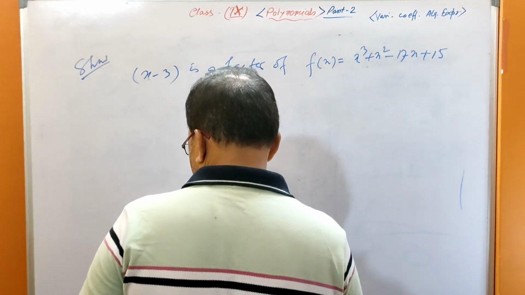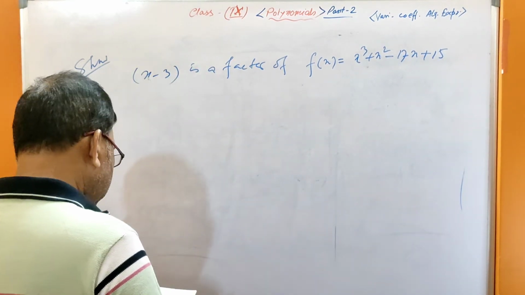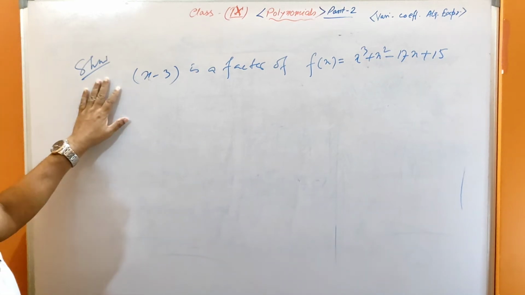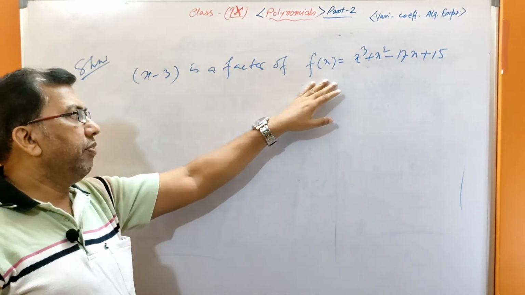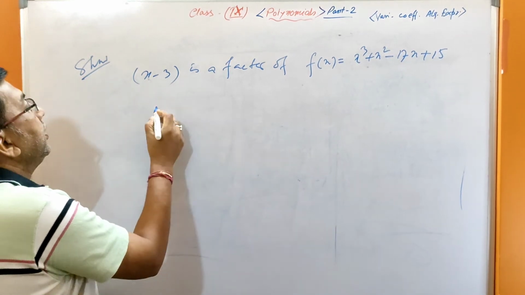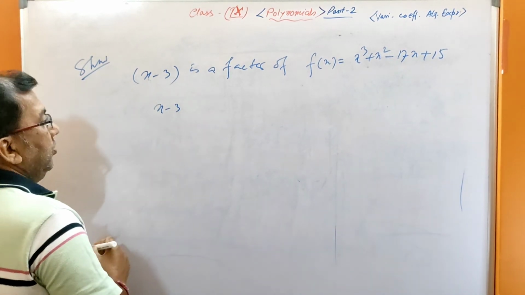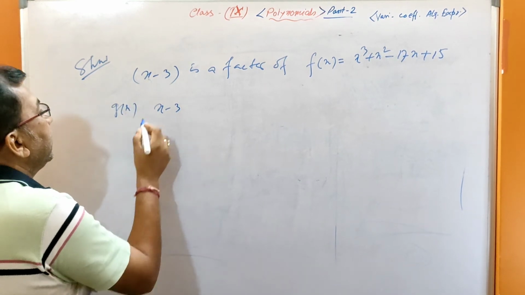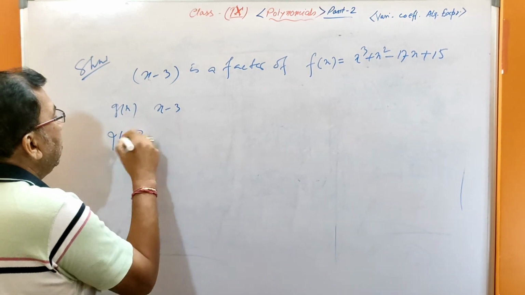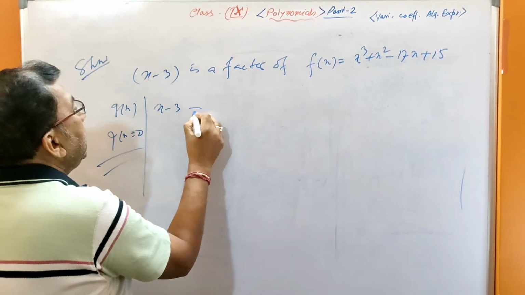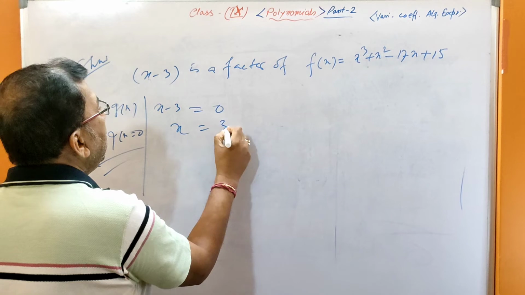This is the question. You have to prove that x minus 3 is a factor of f(x). As it is a factor, what did you learn? Let x minus 3 be g(x). That means g(x) will be 0. So x minus 3 equals 0, or x equals 3.